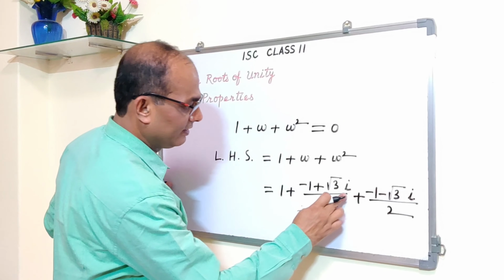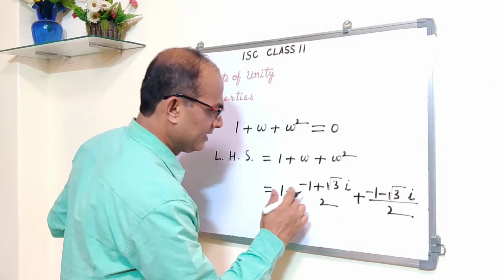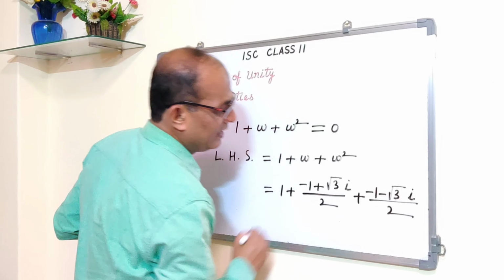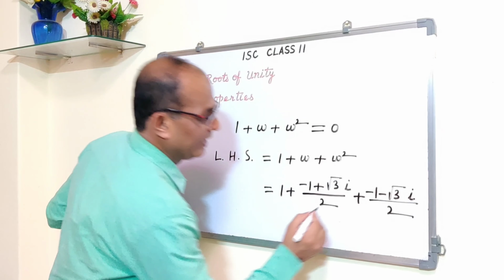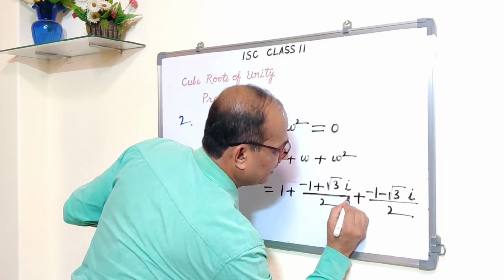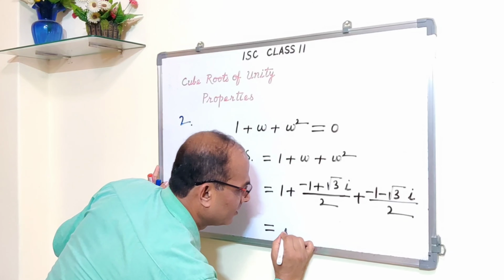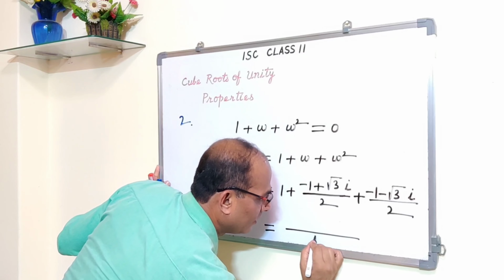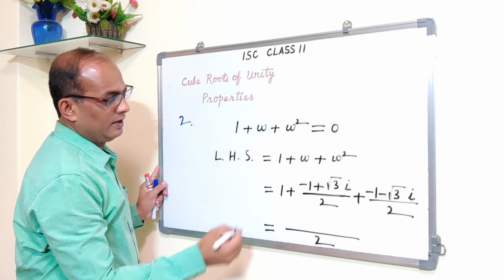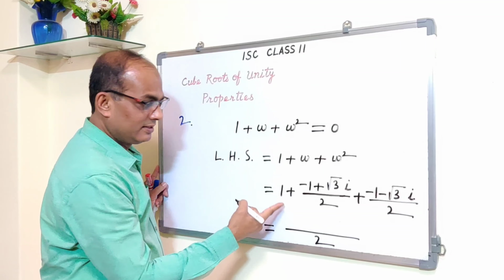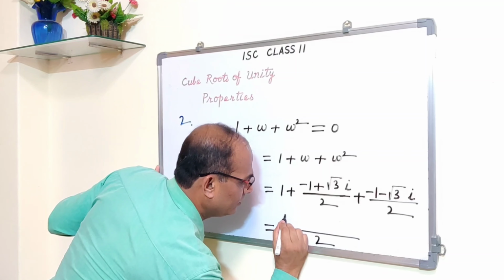This we have to add. You can extend this till here. So LCM you can take as 2. 1 upon 1, so here you can write down 1, 2.